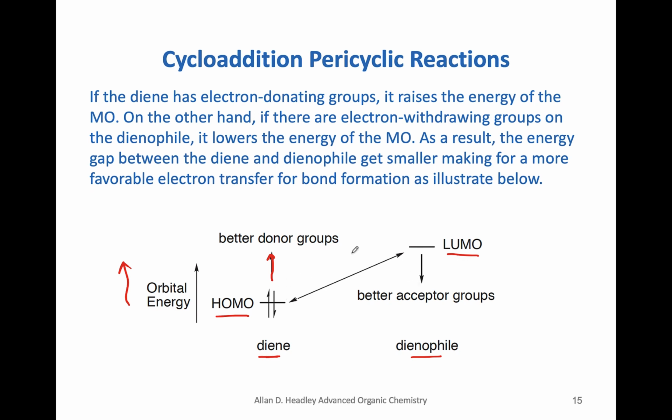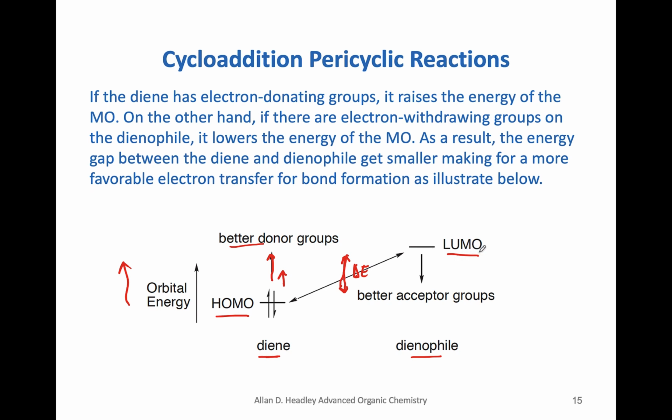So the main point here is the gap between the HOMO and the LUMO. Let's call that delta E. You want that to be as small as possible. Less energy is required for the electron transfer. So if this gap is small, the reaction is very favorable. Electron-donating group raises this here.